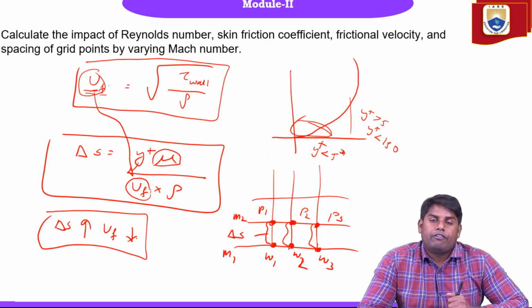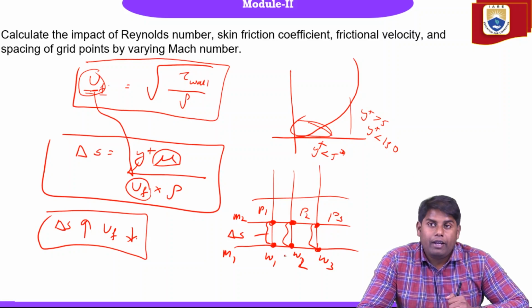So when you have a flat plate, since there is no curvature and no complex phenomena, the spacing between W1 and P1 is the same, W2 and P2 is the same, W3 and P3 is the same. It will not change. Fine.